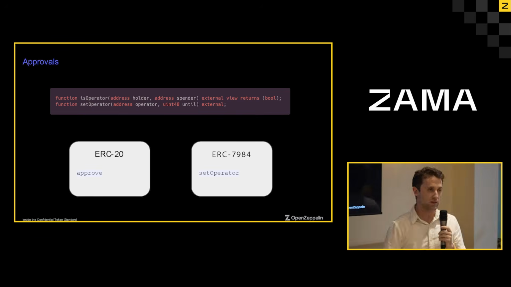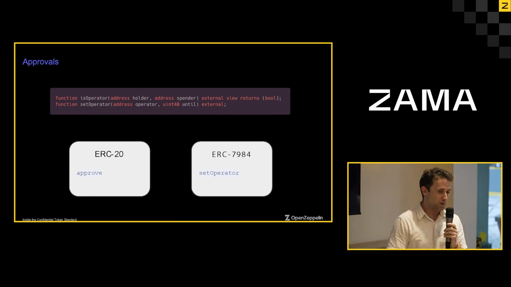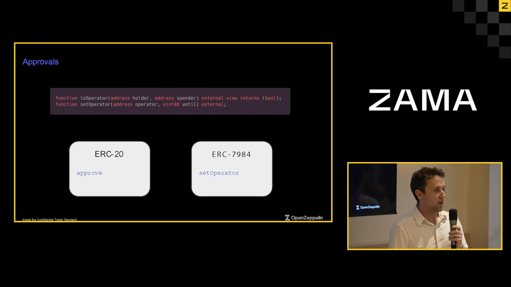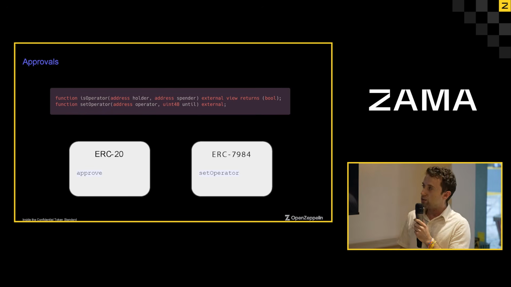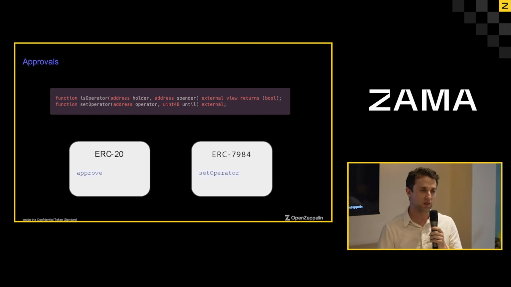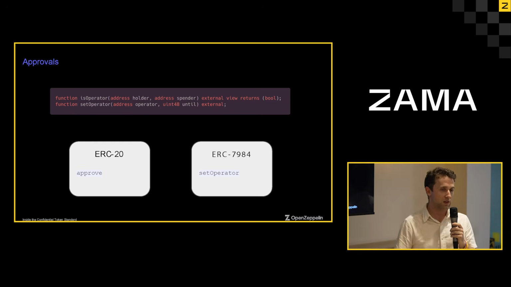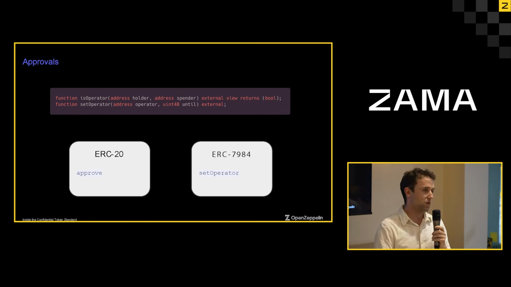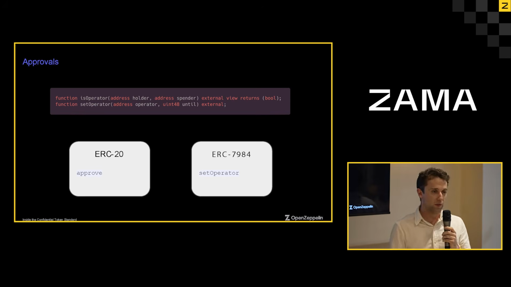So again, we're back to just setting operator. So why did we make this decision? There's quite a few reasons, but what it really comes down to is simplicity and usability. Again, we said we can't do branching, right? So if we have no branching, that means if you have a confidential approval amount, you have to do the entire operation every single time. You can't revert based on, oh, I'm trying to transfer someone's tokens, but I don't have approval for that.